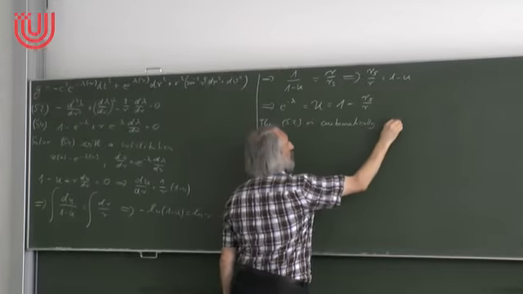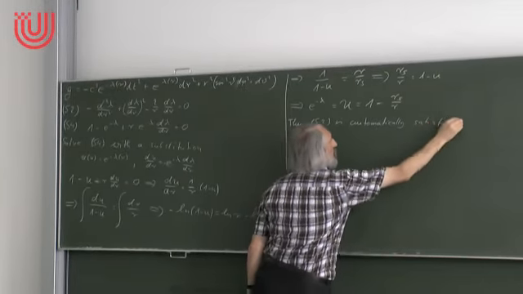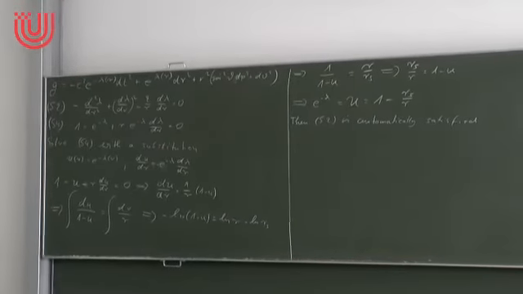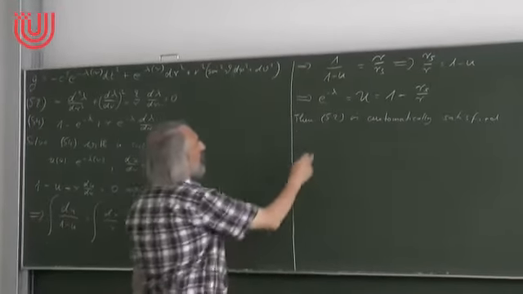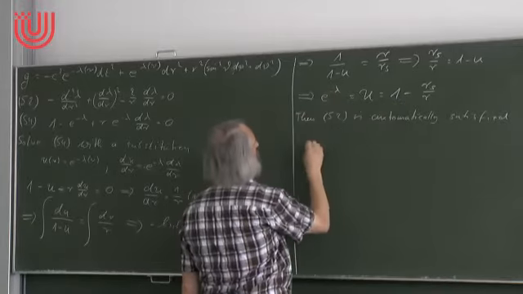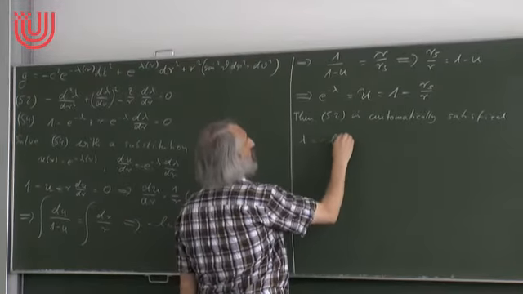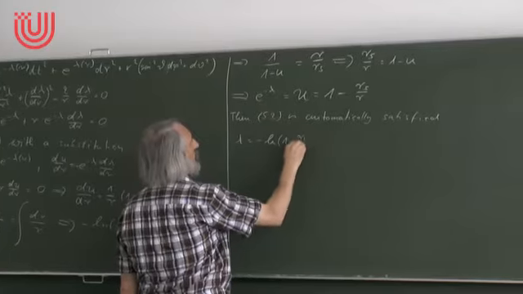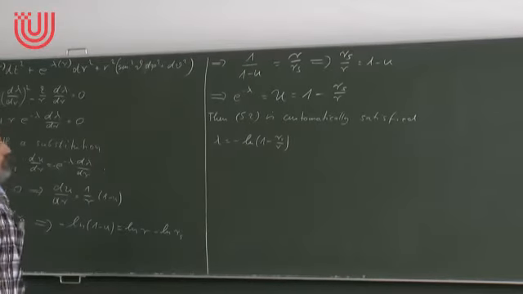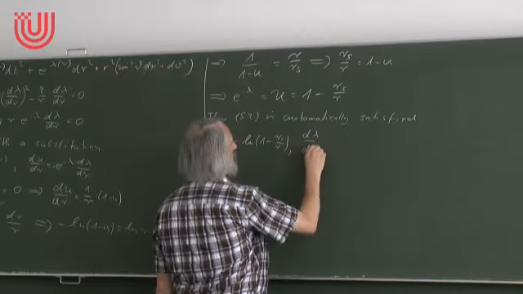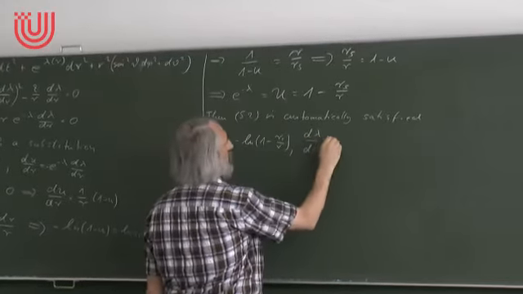So we have found already the general solution to the whole system of equations. Let's check this. If e to the minus lambda is this here, then lambda is minus the log of 1 minus rs over r, right? So we can calculate what d lambda by dr is. I have a minus sign.